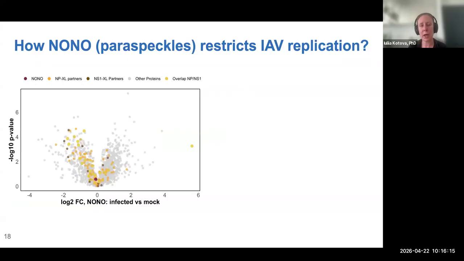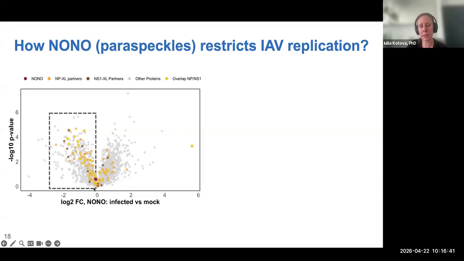So to understand how the interactions happen inside paraspeckles, we did IP-MS of NONO under mock and infected conditions. And here we see on the left side the interactors in non-infected cells, and in all the colored dots, NP and NS1 interacting partners.